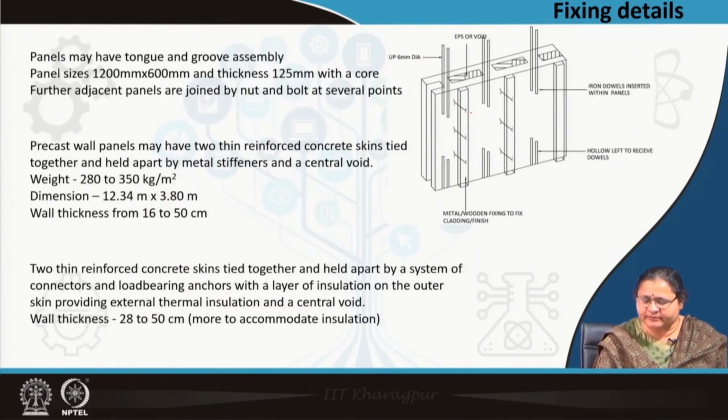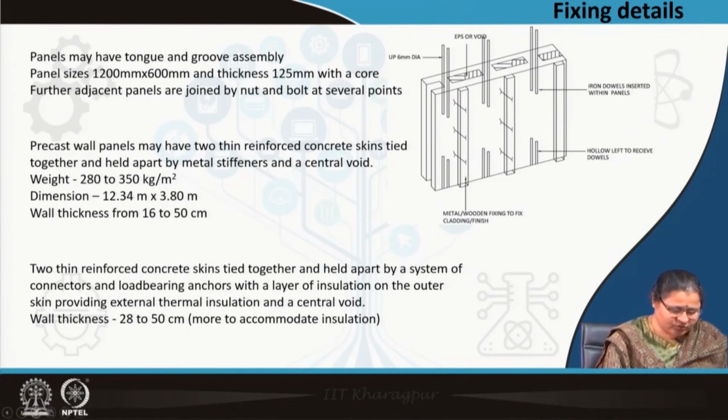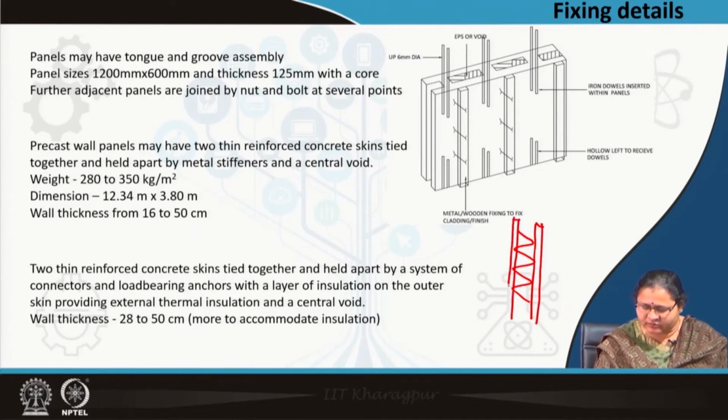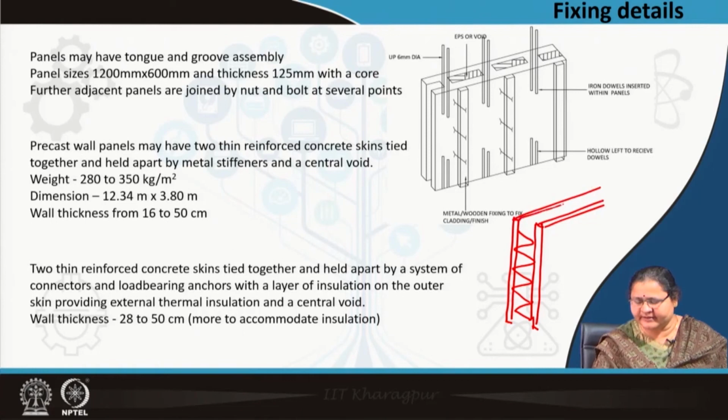You can see some members called spacers, which can be in this form holding two skins or two precast members with the required gap. So, this kind of spacer you will see is separating the two members.